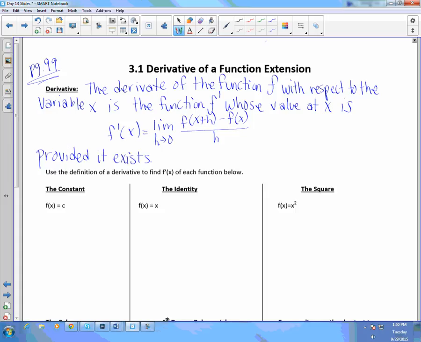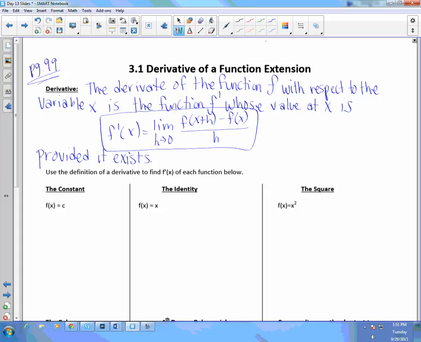And we're going to go through using our definition of a derivative on a bunch of different polynomials, because the process is very long and tedious. If you make one small mistake, then everything's going to be wrong. So we're going to go through this process a few times until you can discover yourself a shortcut for how we do derivatives of polynomials.